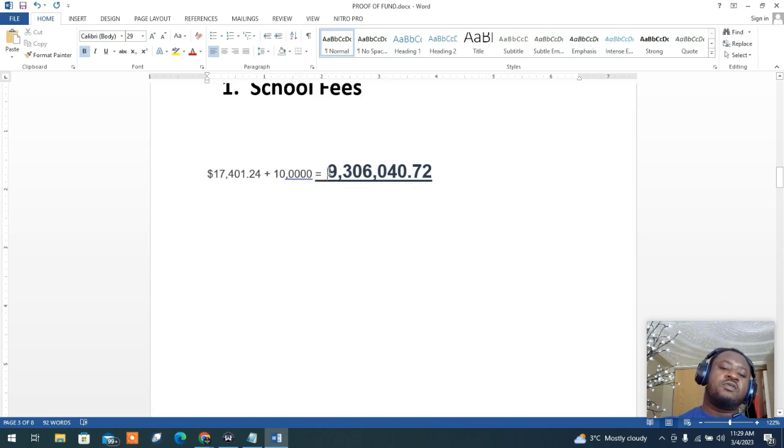Now, for you to be on the safer side, I think it's advised to have some amount higher than this stipulated one. If you have like 12 to 15 million, I think it's better off, because there are other expenses that you want to cover, like maybe your flight tickets and other miscellaneous fees.